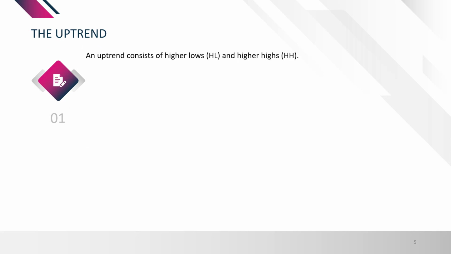So firstly, we're going to talk about an uptrend. We're going to see what constitutes an uptrend. An uptrend consists of higher lows and higher highs.